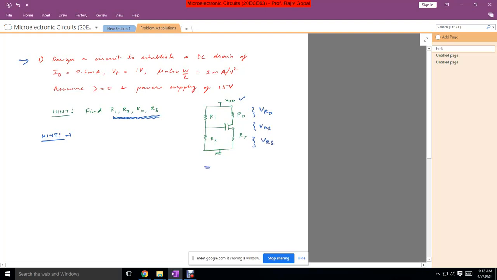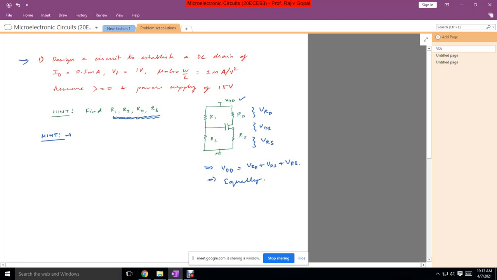So VDD is actually VRD plus VDS plus VRS, and it is shared equally. That is the hint here.